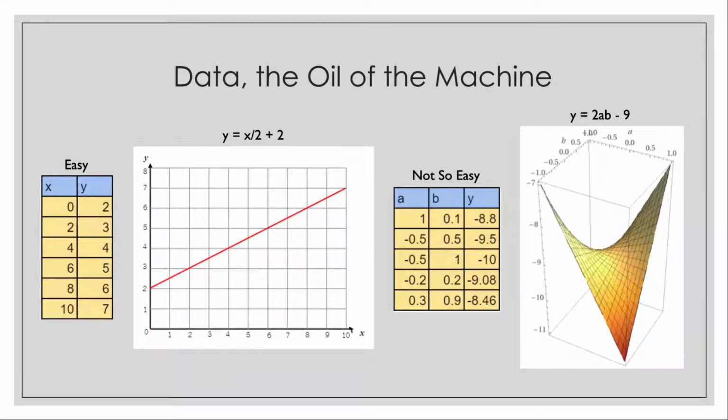To start, I wanted to give you an idea of different data. With machine learning we deal with a lot of data. Here we have two examples that are very simple, not too hard to figure out. X is an attribute, Y is a classifier on the left; A, B are attributes on the right, with Y being the classifier.